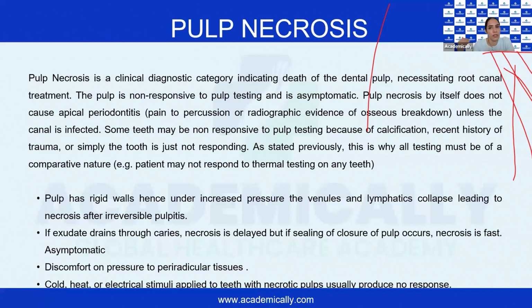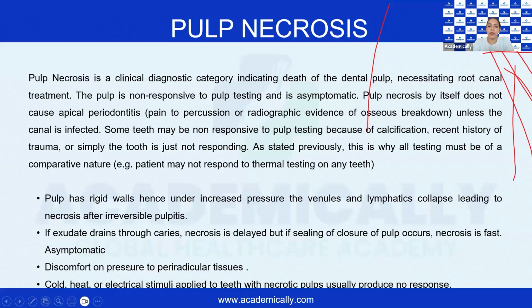No matter if the patient keeps on eating Ibugesic, or Voveron, which is diclofenac, it doesn't relieve the pain, or relieves it for a minimal amount, 1 or 2 hours, and again the patient is having severe shrieking pain. So this is because of buildup of the pressure, buildup of the volume inside the pulp tissue.